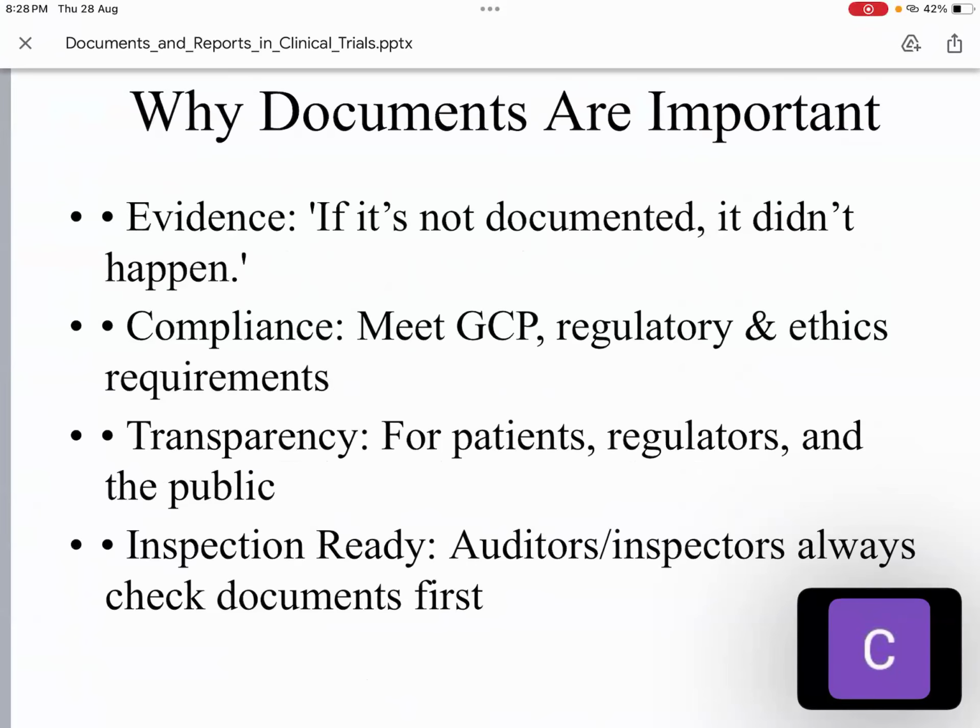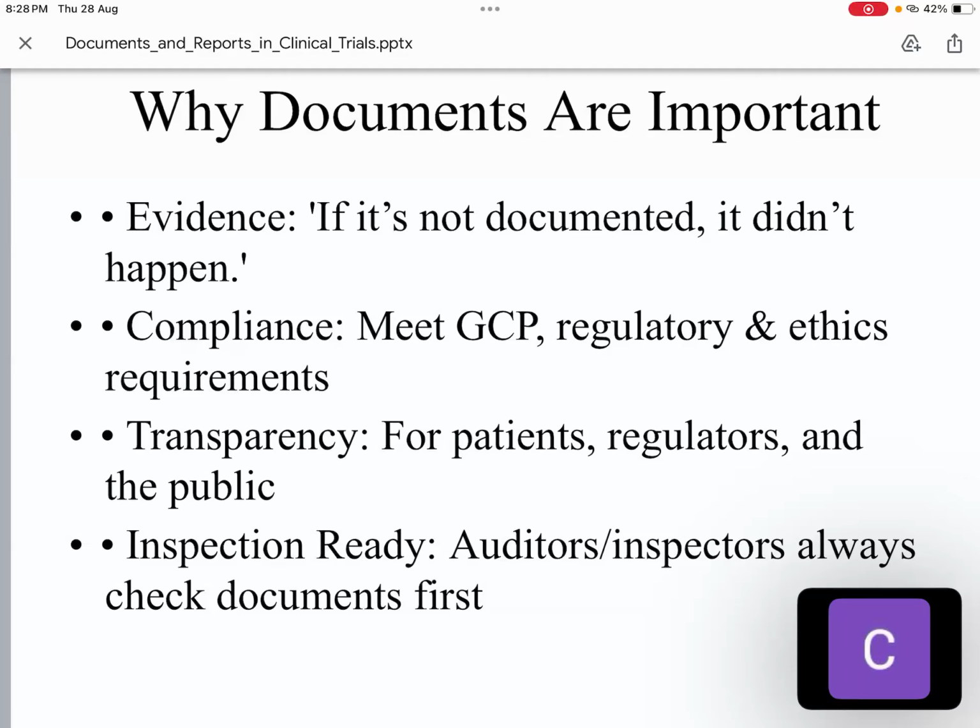If it is not documented, it never happened. Because if I go to the DCGI and ask for approval, a license, basically we can't sell drugs without a license, right? That's straightforward. We have to ask for a license, then only can we sell in medical stores, right?